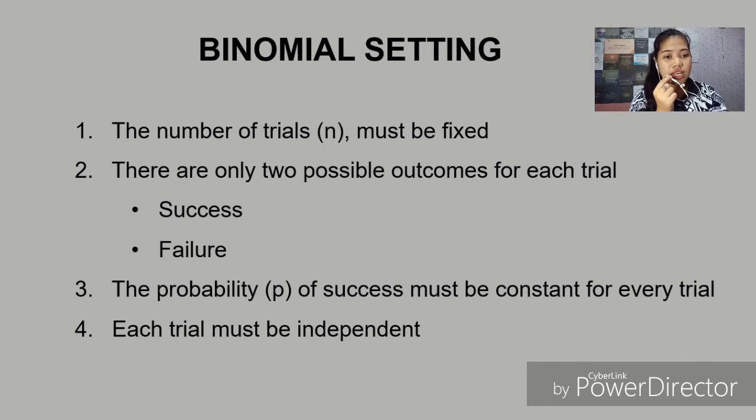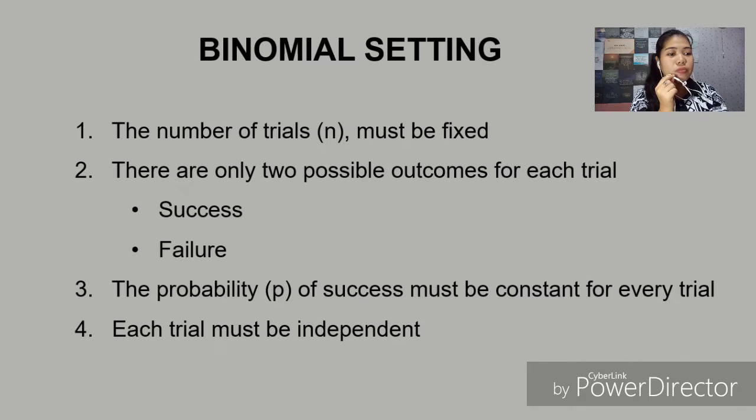The third condition is that the probability of success must be constant for every trial. And finally, the fourth condition is that each trial must be independent. This means that the outcome of one trial does not influence the outcome of another trial. An experiment that satisfies these four conditions is called a binomial experiment.